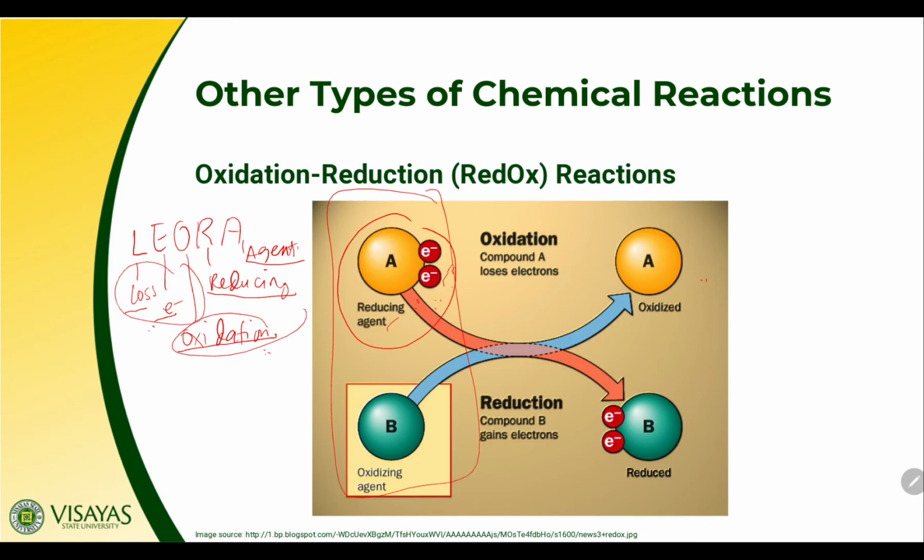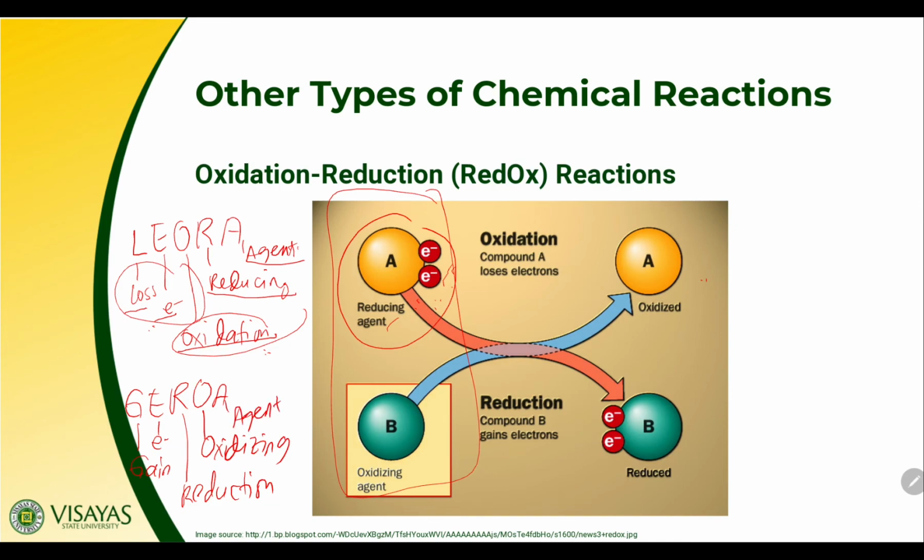Now, GEROA. G stands for gain, E stands for electrons, R for reduction, O for oxidizing, and A stands for agent.